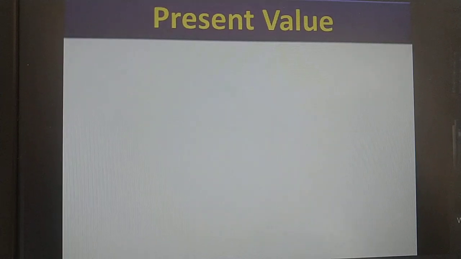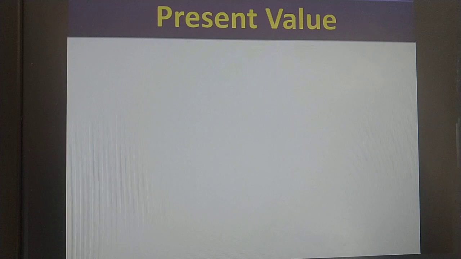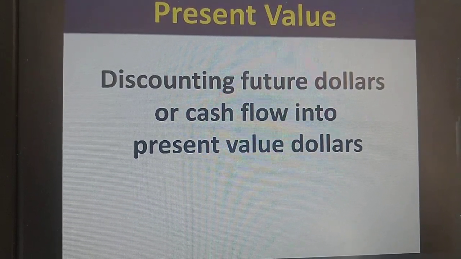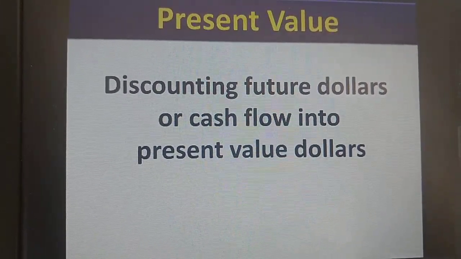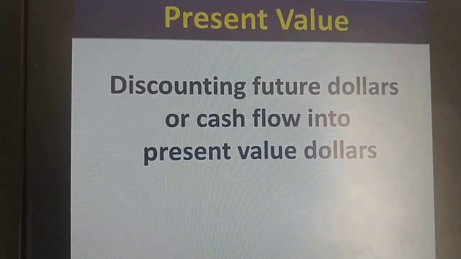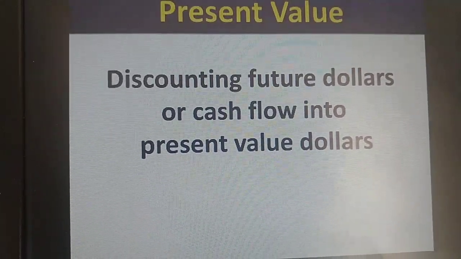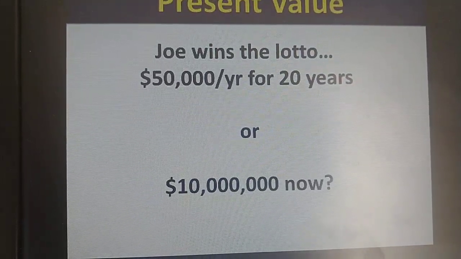So that's not exactly the ultimate way to do it, because we have to calculate present value, discounting future dollars or cash flow into present value dollars. If it was a 5-year deal, especially if it was a 10-year deal, what's worth more, cash now or cash later? So we have to discount it to its present value.